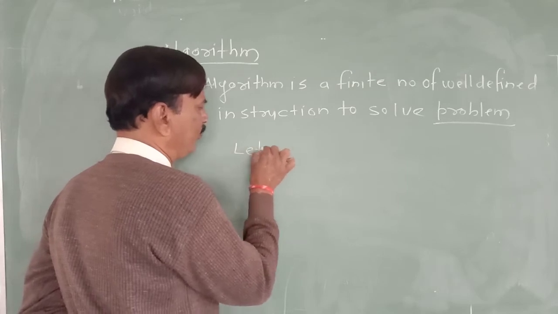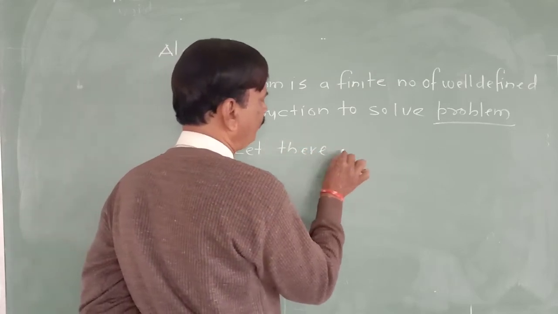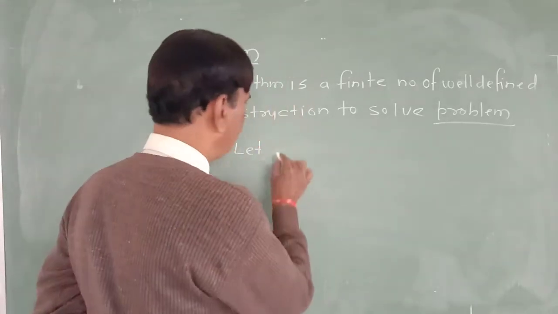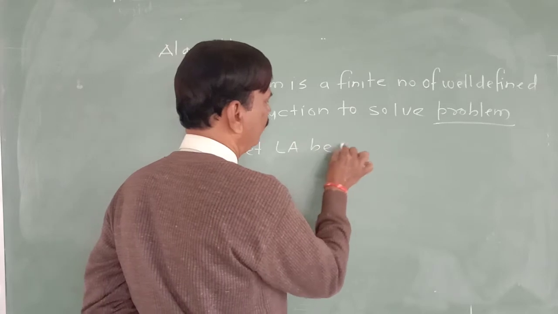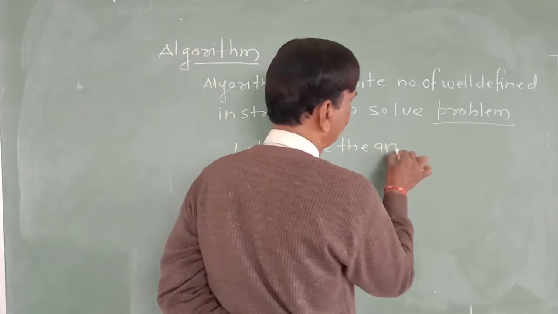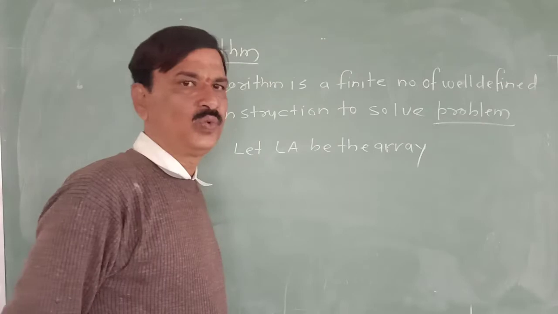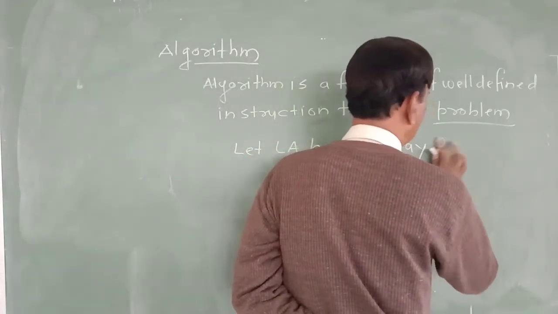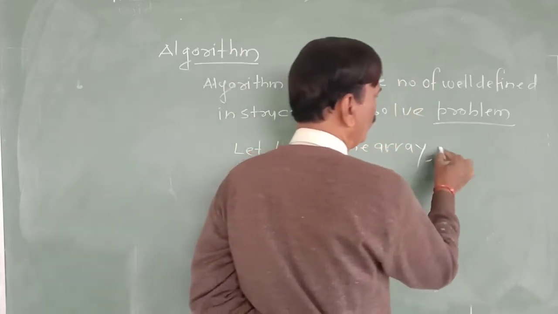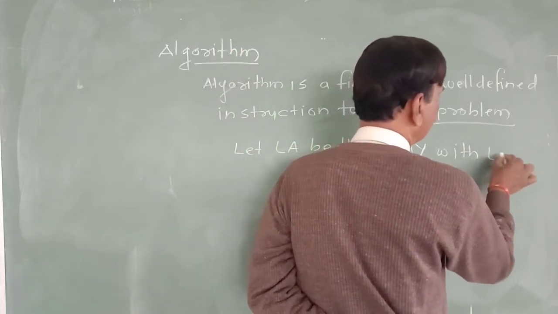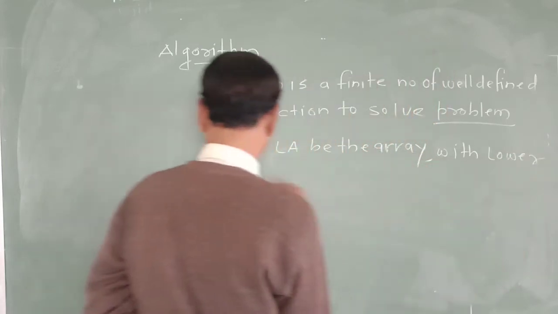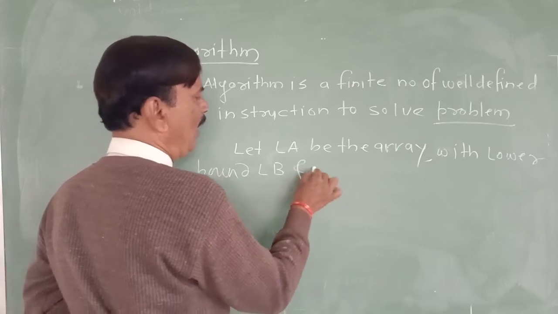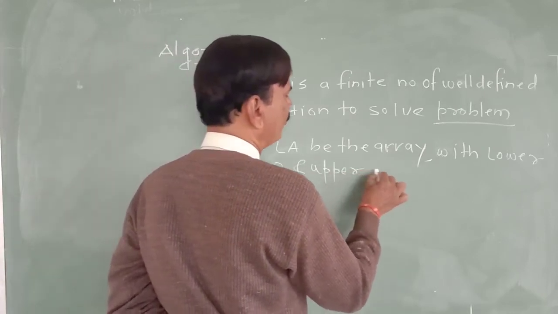Let LA be the array with lower bound LB and upper bound UB.